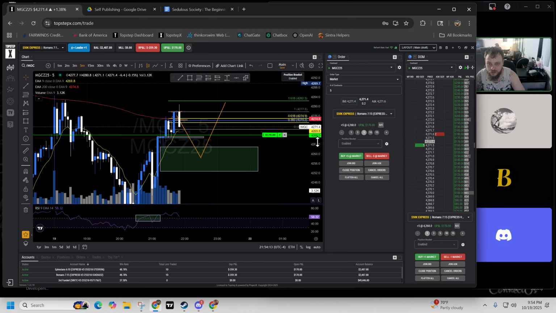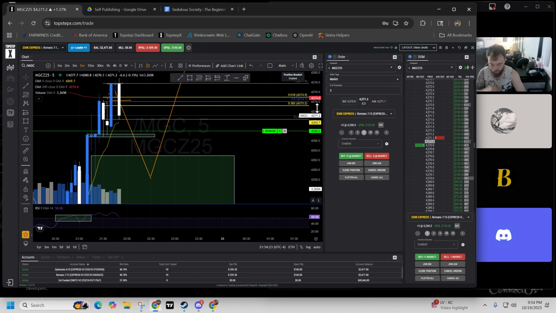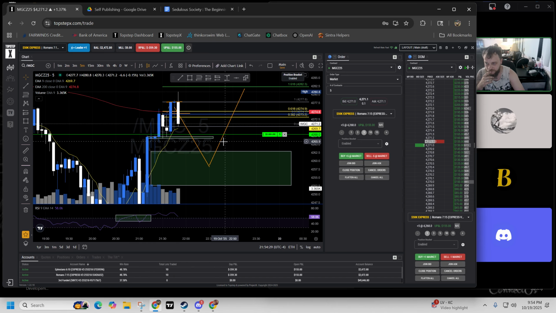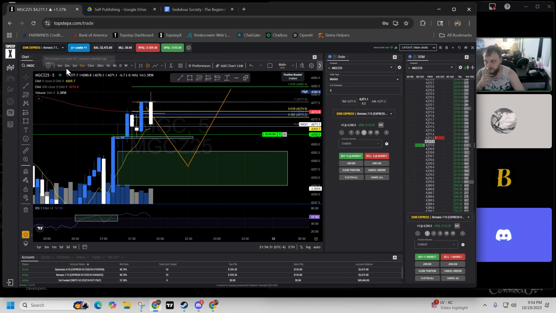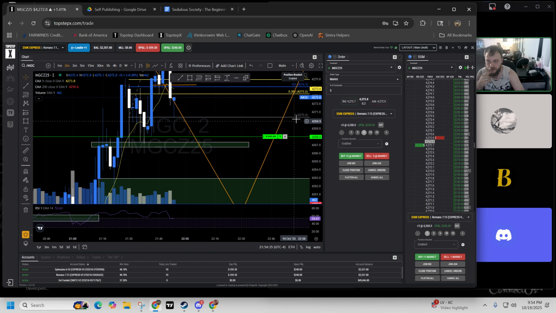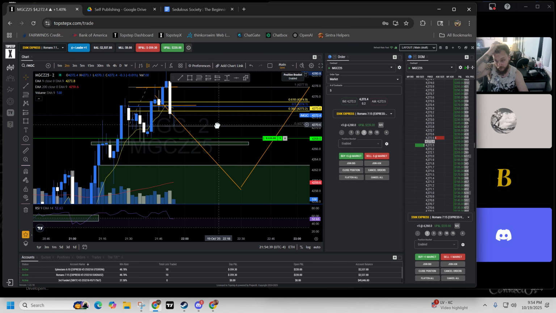So I could take profits here, shrink my loss now that we're seeing this. Unless it rejects, of course, but I could mitigate damages and reposition myself in here if it comes in, which we're gonna obviously wait to see how that works out, depending on what happens here.